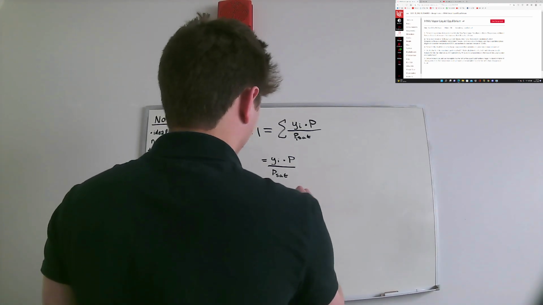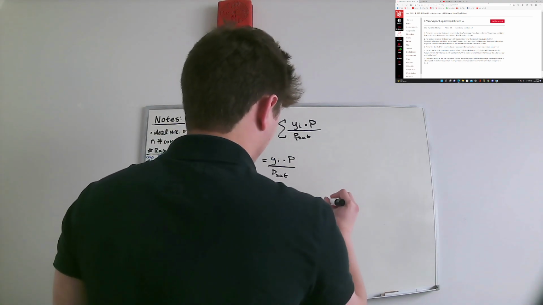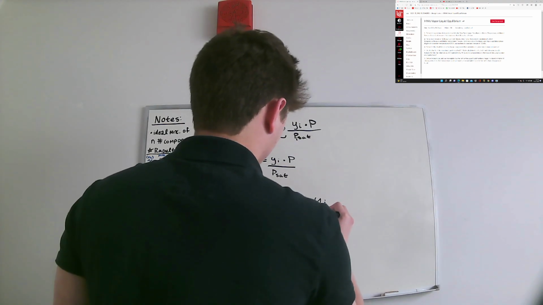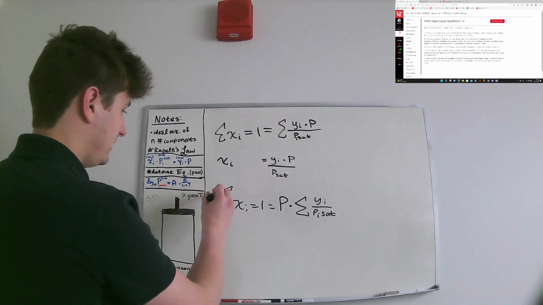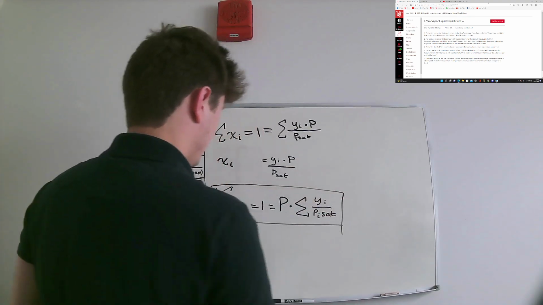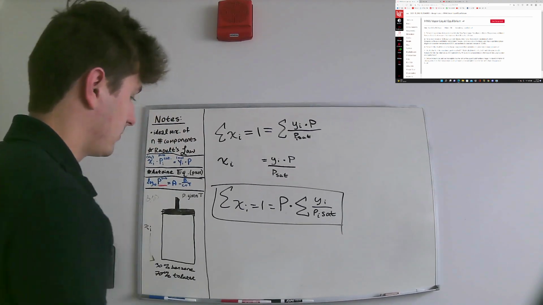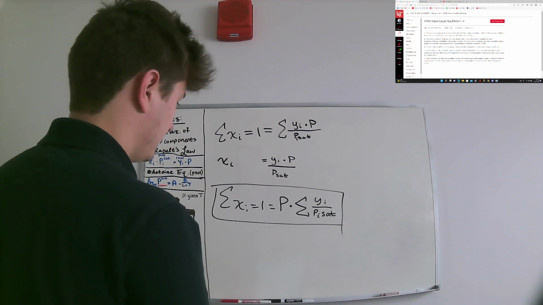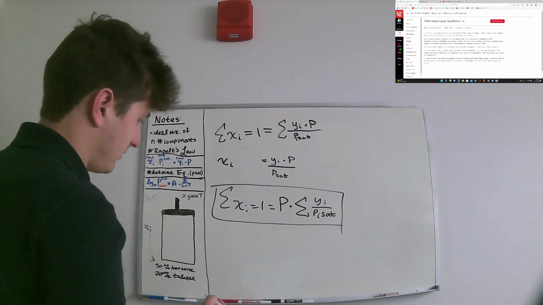We're going to draw that P out, and that's just going to make our calculations a lot easier later. So this is going to be our dew pressure calculation, because it'll be a simple rearrangement. Actually, we can arrange this even more.